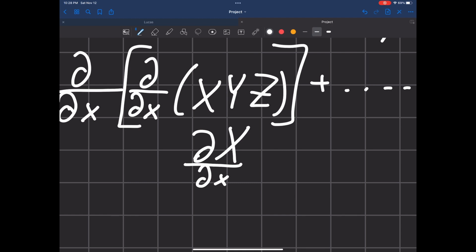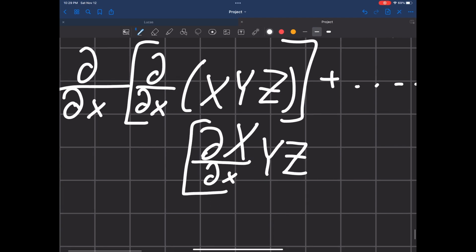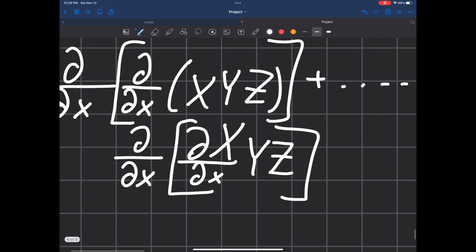And now we know that the y and the z have nothing to do with x. So they're acting here as coefficients, because that's how partial derivatives work. They're effectively just coefficients to this whole thing. So we can multiply now by the y function and the z function. So this is what was in brackets. We're going to have this del per del little x.